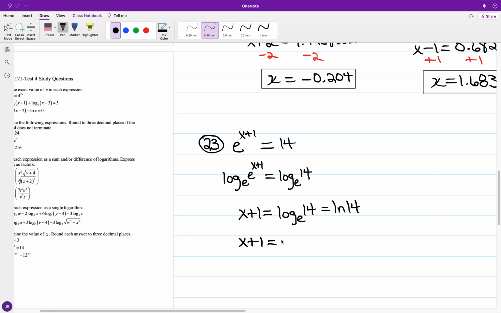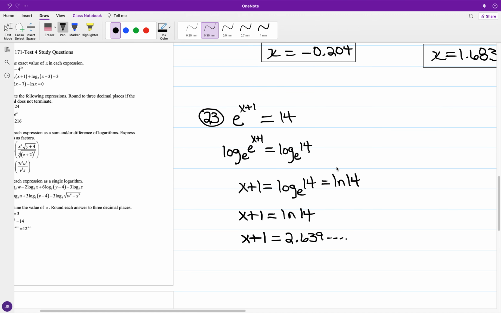You have x plus 1 is equal to the natural logarithm of 14, and this is already in your calculator, so you don't have to do any kind of conversion. So for the natural logarithm of 14, this would be a number over 2.6, 2.639.